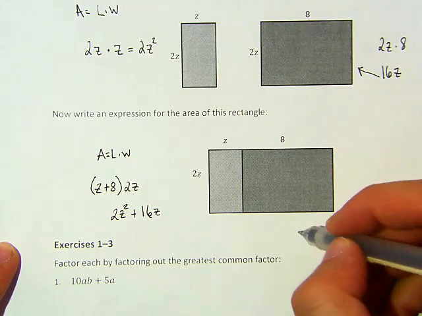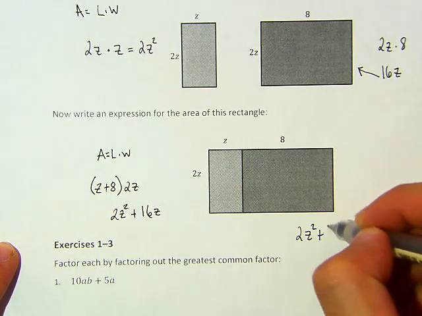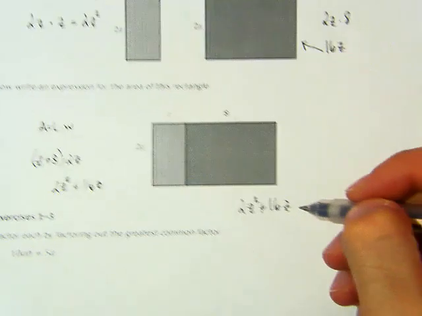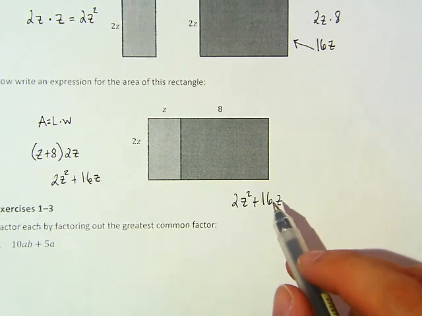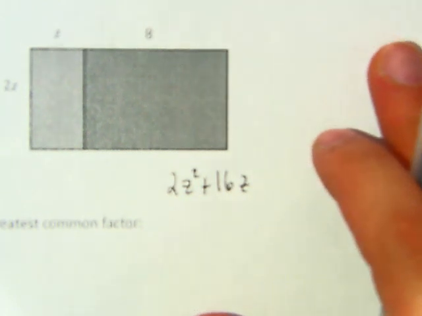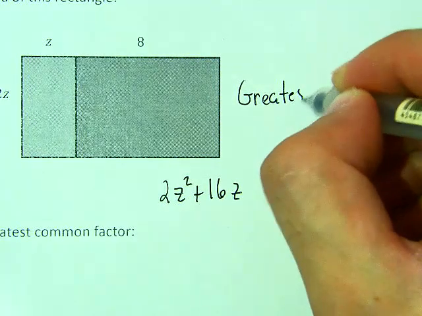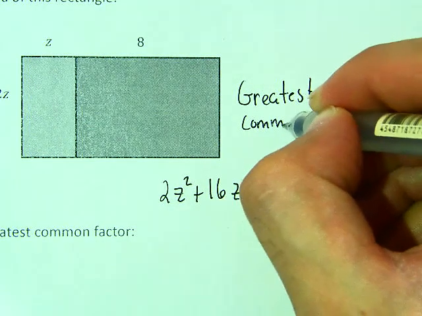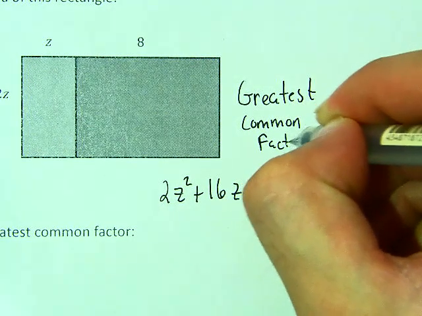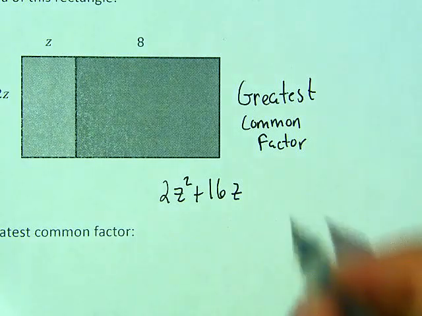But notice that if I have 2z squared plus 16z, let me fix the camera real quick. What is the greatest common factor?